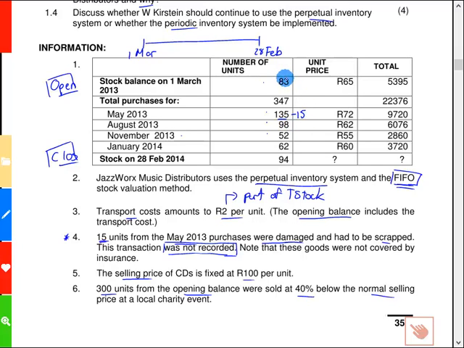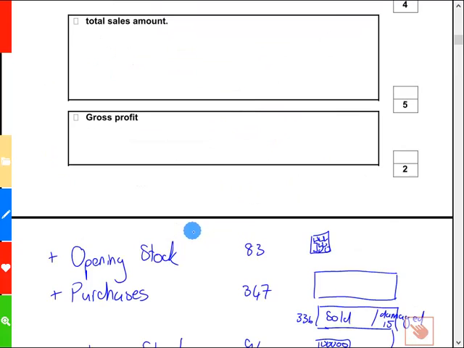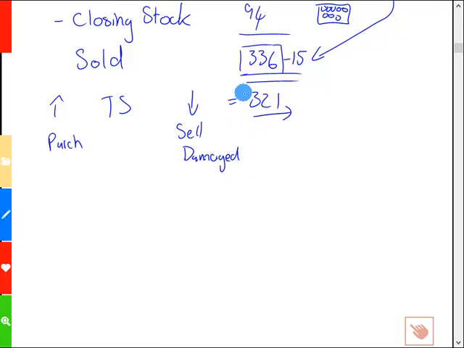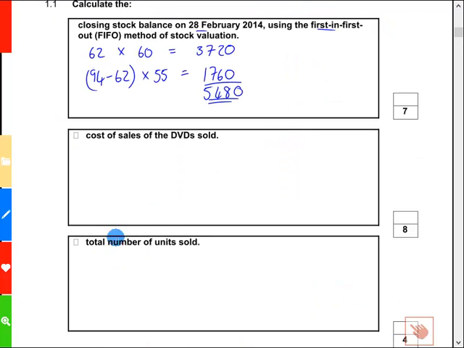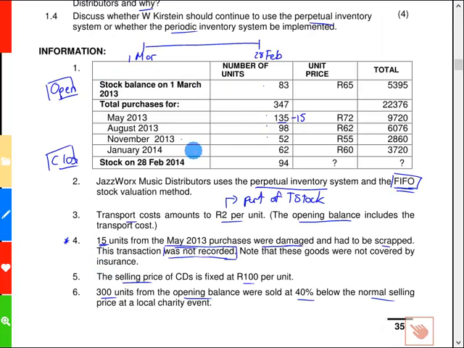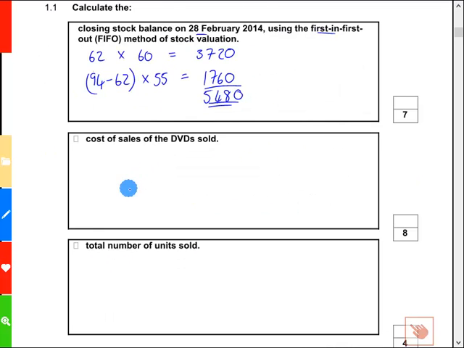So when we do our sales, we've already calculated the total units sold. Right here, we've calculated that the units sold is 321, and that was actually the next question. And so we can quickly fill that in. Our total number of units sold was the 83 opening stock, alright, plus the 347 purchases.